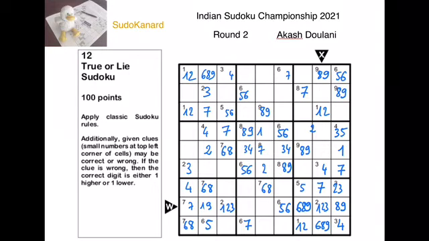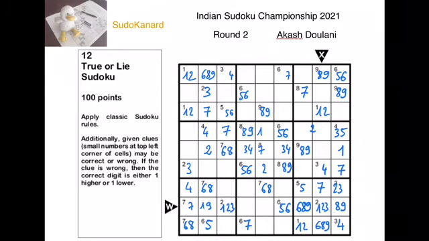I don't see any right now, but with pencil mark type constraints, this happens a lot. I'm not seeing it right now, but this would be a good reason for this number of points, besides the fact that I'm kind of struggling right now. I don't see where I should put the 3 here.